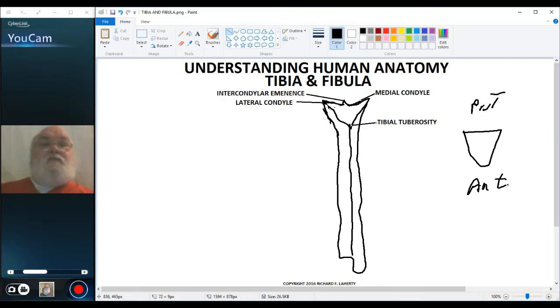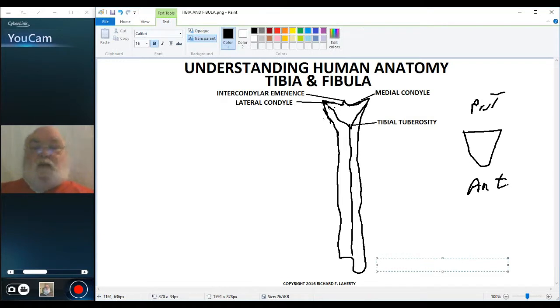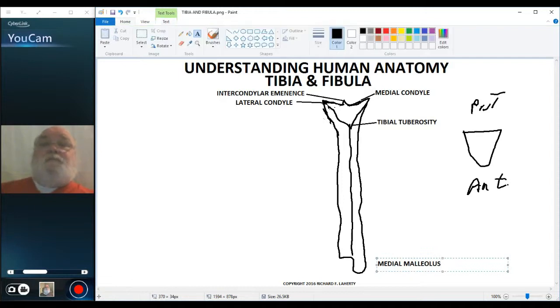Now, as we come down the shaft of the bone, we're going to have this projection inferiorly on the medial side, and this is the medial malleolus. And the medial malleolus is that bony bump on the inside of your ankle.